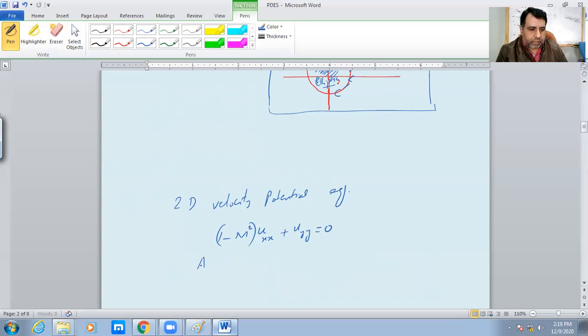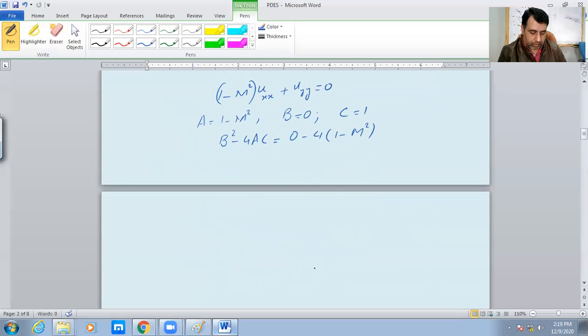So what are the coefficients? a is 1 minus m square, where m is some physical parameter. b is 0, there is no mixed partial derivative, and c is 1. So let us compute the discriminant b square minus 4ac, that is going to be negative 4 times (1 minus m square).